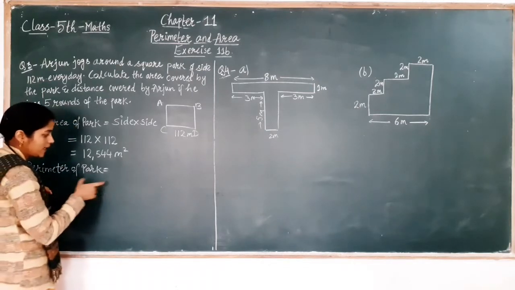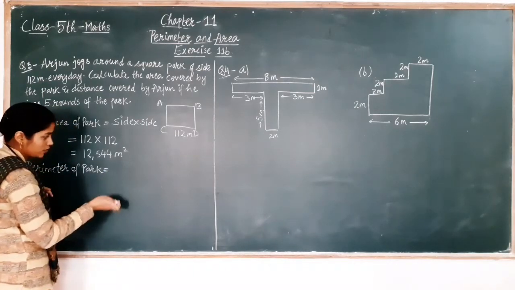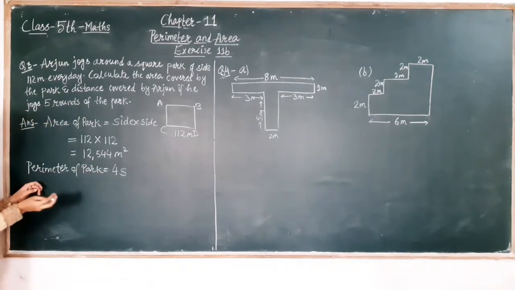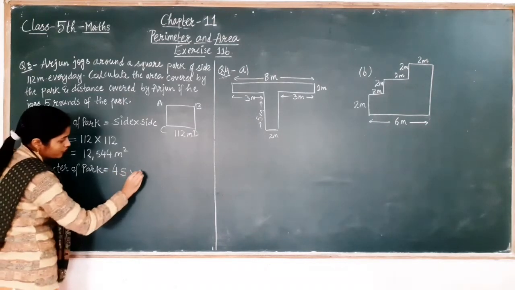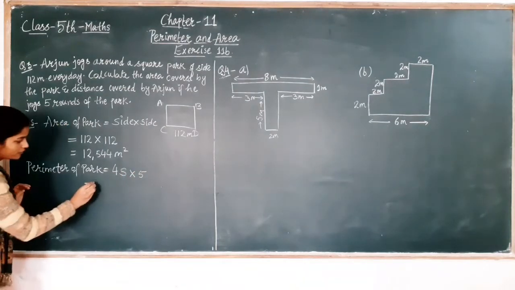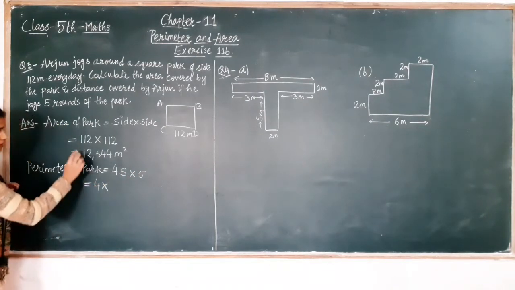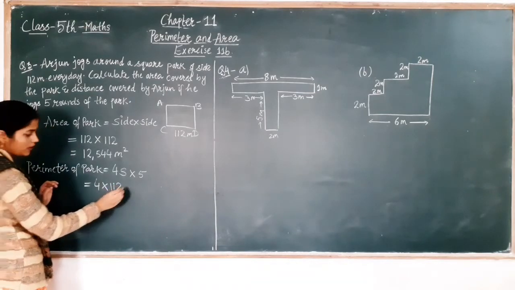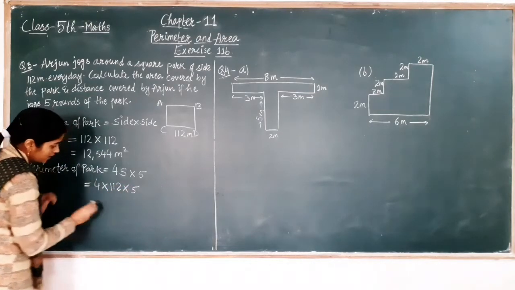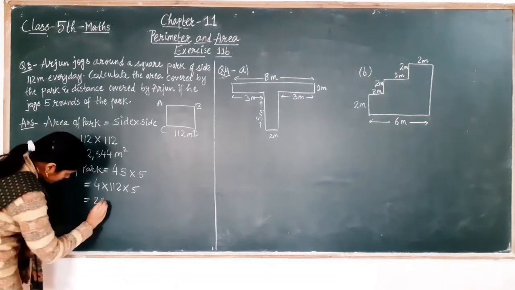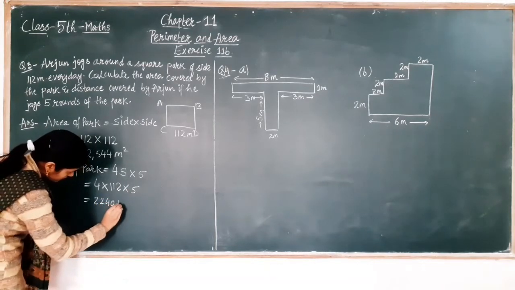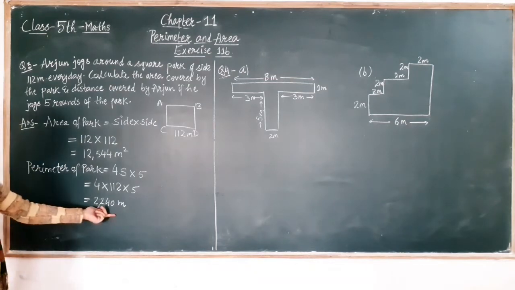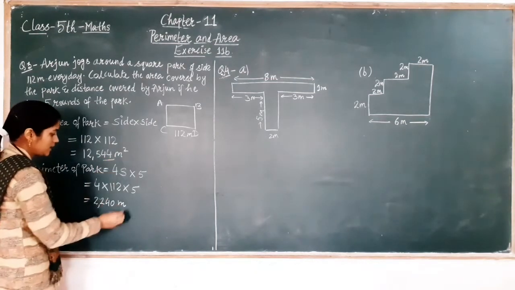So firstly we will write the perimeter of the park. The perimeter of a square is 4s, and then into 5. So we will write 4 into 112 into 5. Multiplying, we get 2240 meters. So this would be your answer.